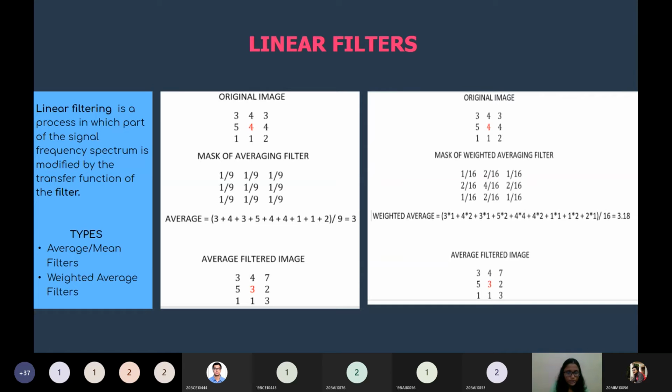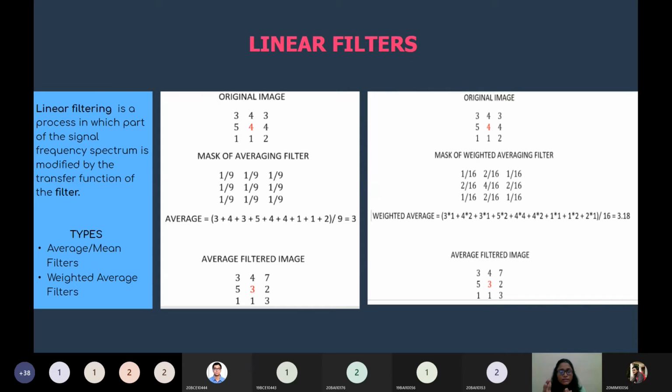So we have the mask over here, and below we are calculating the average, or rather we are performing the convolution operation, and we get an output value of 3, and we are replacing the centermost pixel with that value. Similarly, we are going to follow this process and replace all pixel values with the average filtered value. And thus, we are going to obtain a new image. That new image that we obtain is known as your linear filtered image.